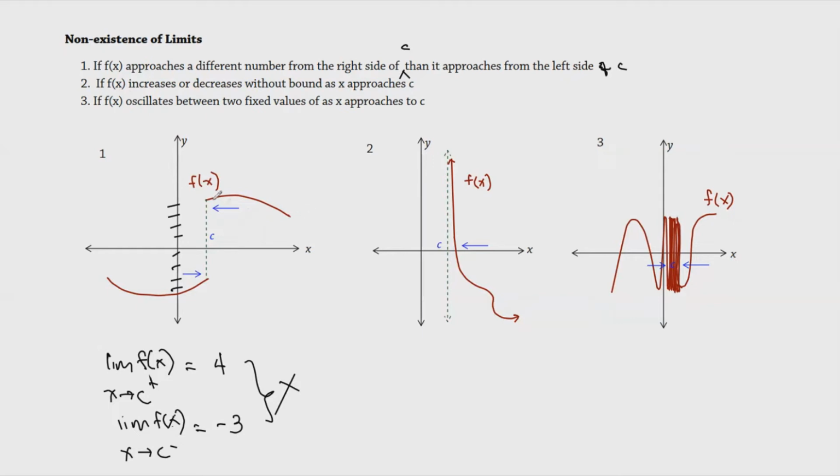This is somewhat like a piecewise function, and usually with piecewise functions, if you're asking for the limit where there is a gap or a jump, then probably that limit won't exist. Now, for the next one, number 2: if f of x increases or decreases without bound as x approaches C. This is actually the example I have given before. It looks like one.